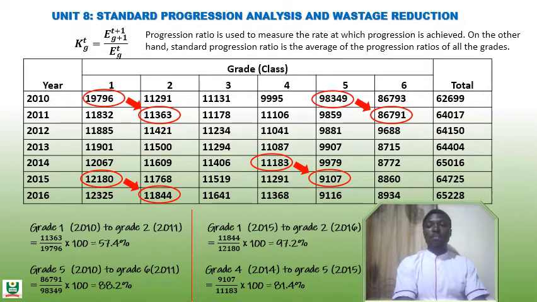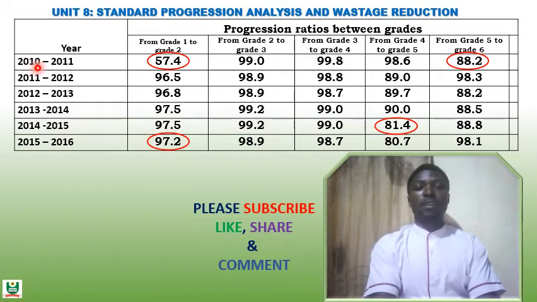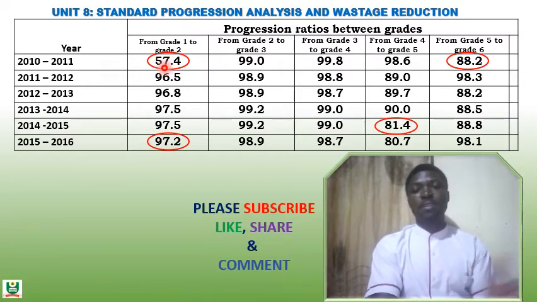Now let's see how it will look when we put the results on the table. Our table will take this form: 2010 to 2011, grade 1 to grade 2, we have 57.4. That was what we got when we calculated the progression ratio from grade 1 to grade 2.